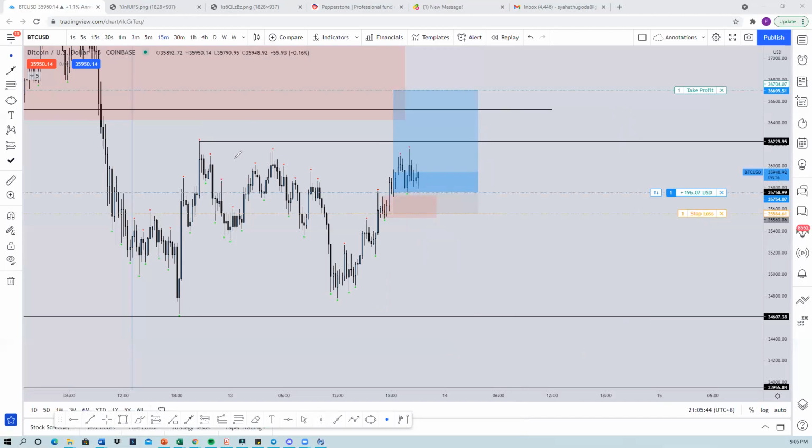So what does this mean? This line I've drawn from here to over here is an imbalance, what you call a fair value gap. It is an imbalance from the buy side, meaning you only had sell side delivery here.